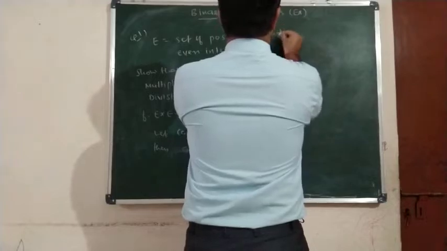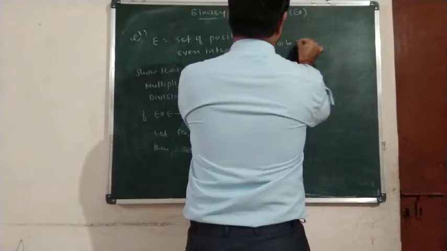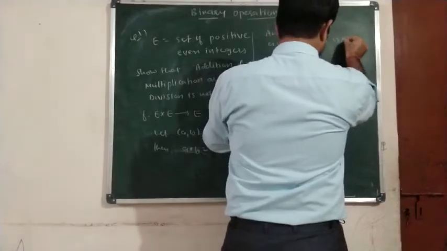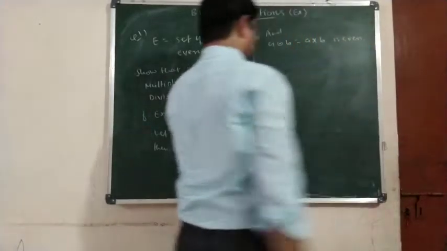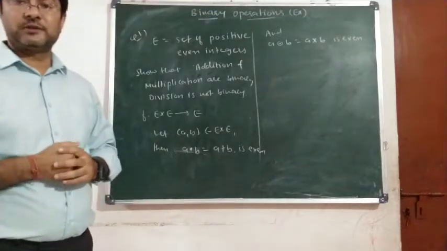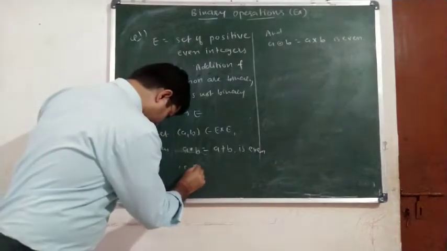We can consider another operation A operation B is equal to A cross B. This is also even. Why? Because if you multiply any two even numbers, the product will always be even only. You can give one example, you can consider any example.